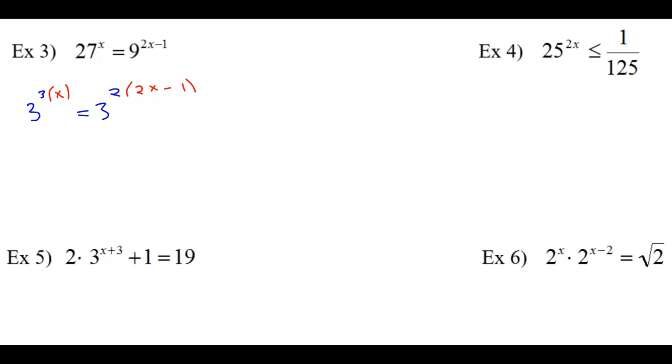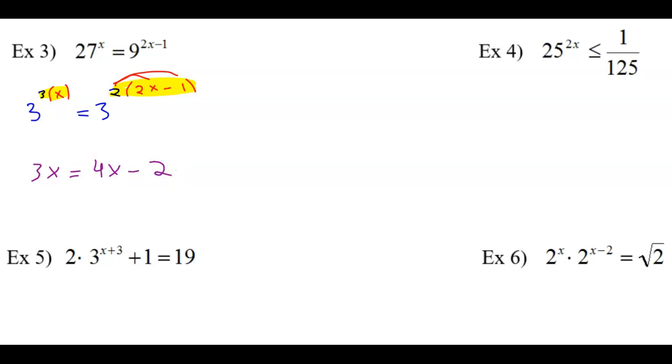So on the right side, this exponent just comes out to 3x. 3 times x would just be 3x. Equals, and then on the right side, 2 times 2x minus 1, we need to distribute the 2 through there. So that would give us 4x minus 2. So that comes out to 4x minus 2.